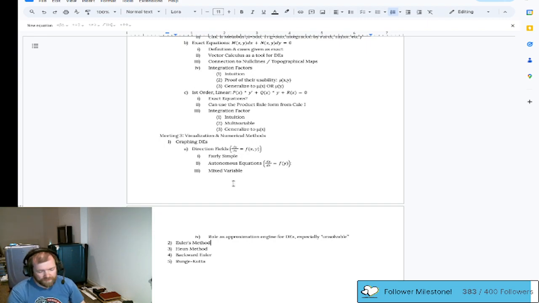And Runge-Kutta, which is quite possibly one of the most awesome and at the same time very messed up ways to find solutions for differential equations. So this one is very similar to Simpson's method from Calc 2, where you're finding the slope at the current x and y value.